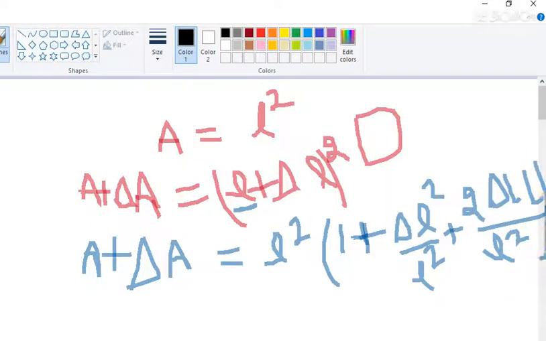So students, again this term is very small, so we ignore it. Or you can take another explanation from here. I am raising it now, wait.